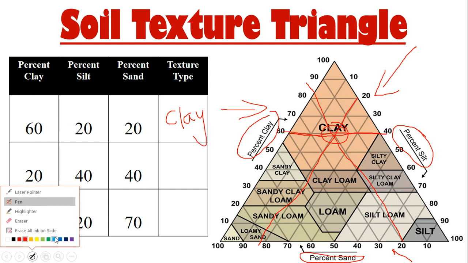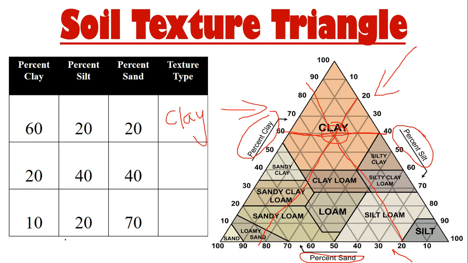I'm going to change the color to blue this time for this next one. This time it's 20% clay, 40% silt, and 40% sand. If you notice, these numbers add up to 100%. So clay, on the left side, we find 20%, and we draw a line.